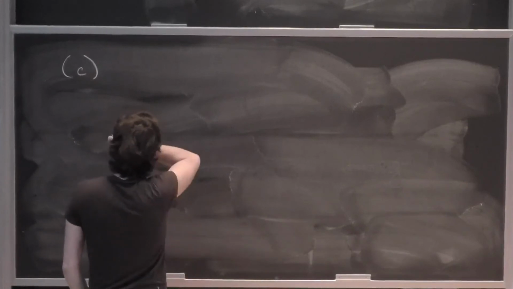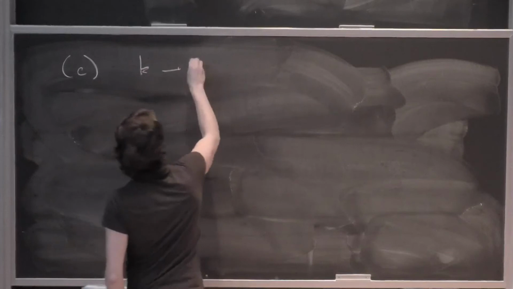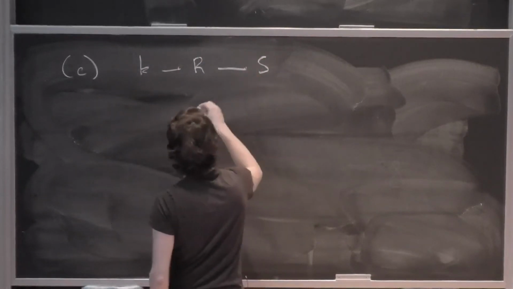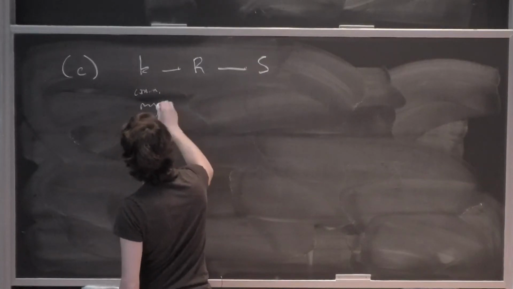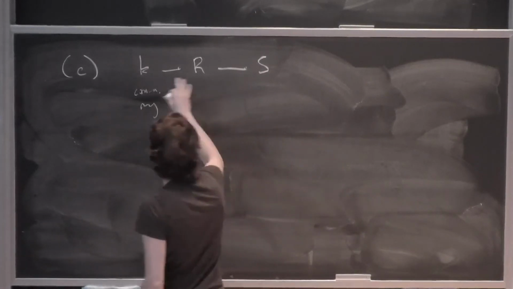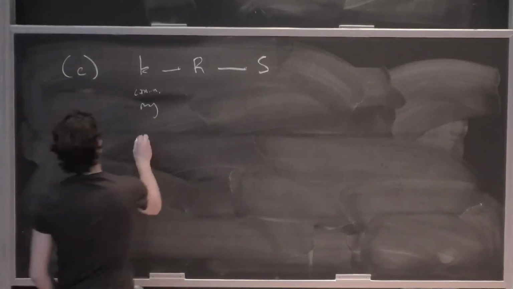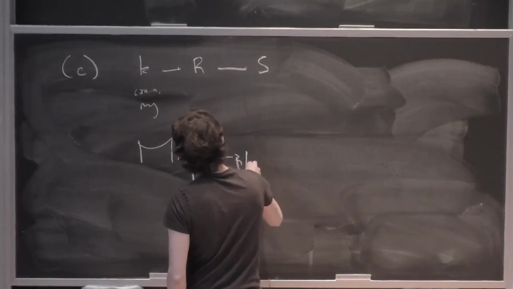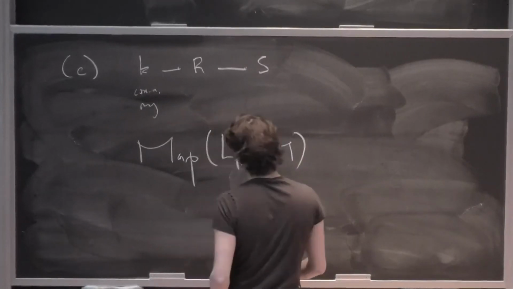So let's see. So let's say I have K to R to S. And now this is a commutative ring. These can both be simplicial commutative if you want, but maybe we're mostly interested for the moment when R is an ordinary commutative ring. Now, what we're going to do is find a universal property for the cotangent complex.